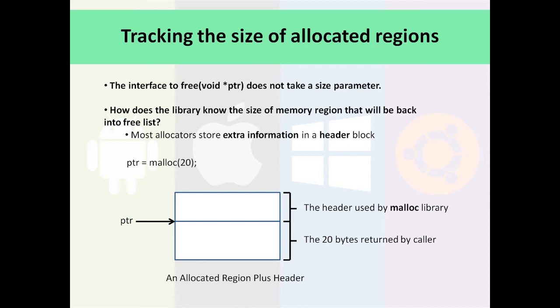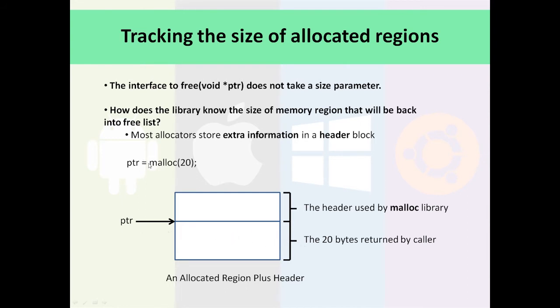Now, most allocators store extra information in a header block. So this header block stores metadata regarding the data that has been allocated. So in C, you would say pointer is equal to malloc 20. And then the actual allocated region would look something like this here. There would be a header component used by the malloc library, as well as the actual 20 bytes of data allocated.